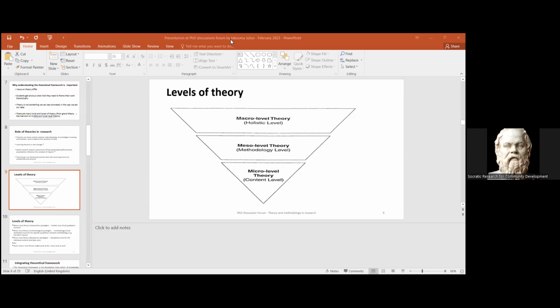What could be the justification for using more than one theory in the same study? I think those are the issues that Laura was explaining in those distinctions she was making. Depending on the phenomenon, the question, or the problem that you are trying to approach or study, it might be that a particular theory is inadequate, or there are certain limitations in the way you can use it to address that phenomenon.